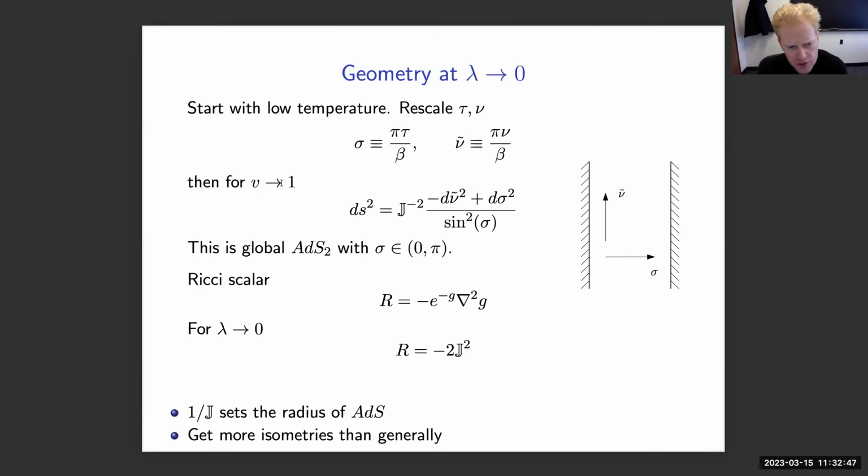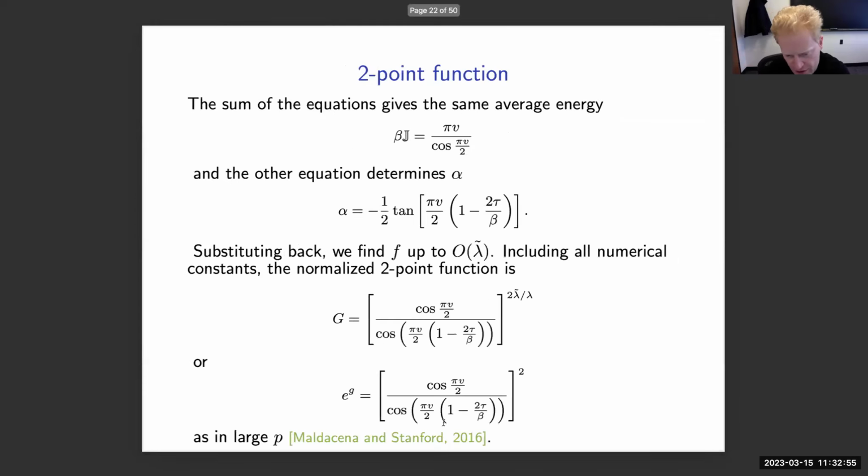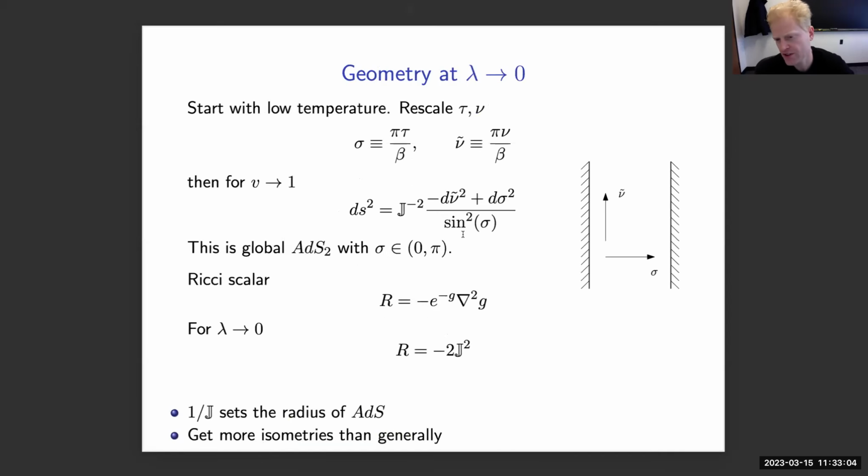So if I want to probe different distances, I need to scale it in this way. Then when V goes to 1, which is the low temperature limit, the metric, which is e to the g, just becomes this. Here the V goes to 1, so the pi over 2 minus something, the cosine becomes just a sine. So we just get essentially 1 over sine squared of sigma. If you draw this strip, sigma goes from 0 to pi.